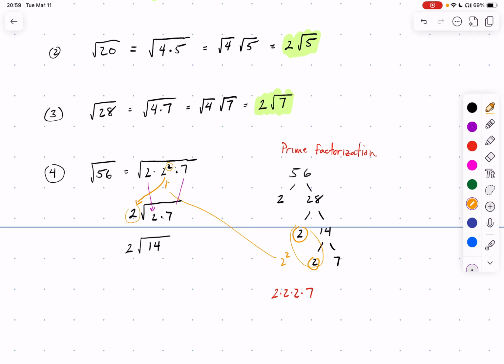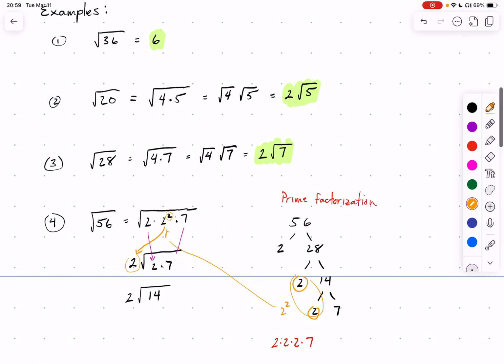If I go back to the square root of 20, for example, and let's say you don't know all the factors and you want to do the prime factor tree.